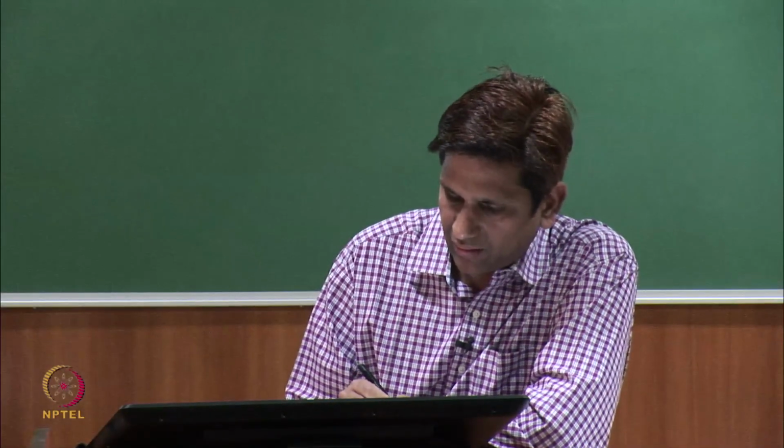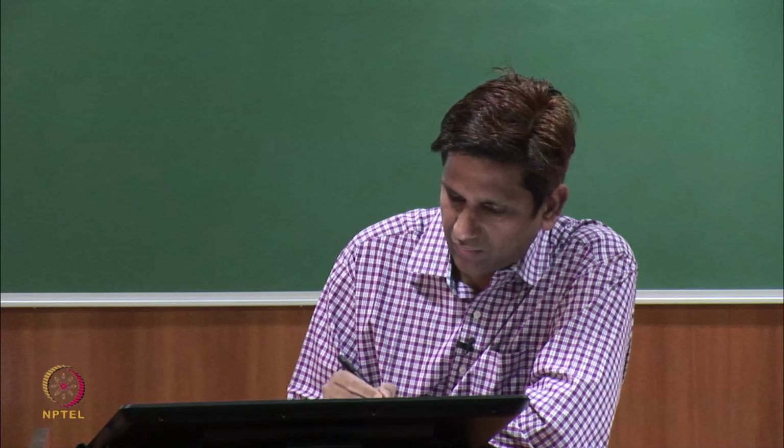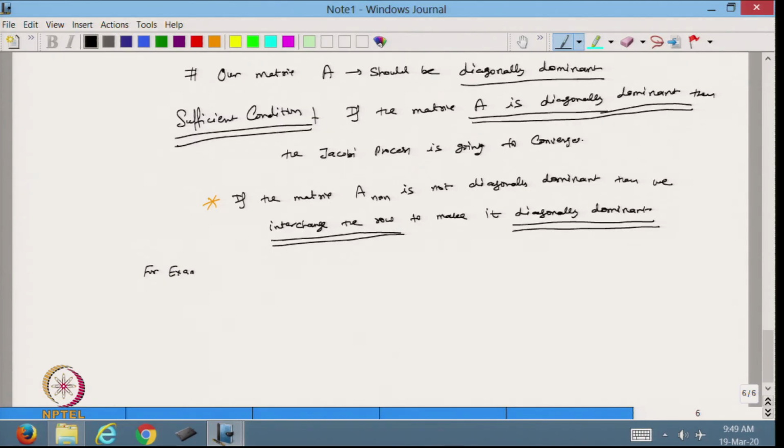So for example, I have a system like 2.3 x1 plus 0.5 x2 plus 1.2 x3 is equal to some b1, 4.5.